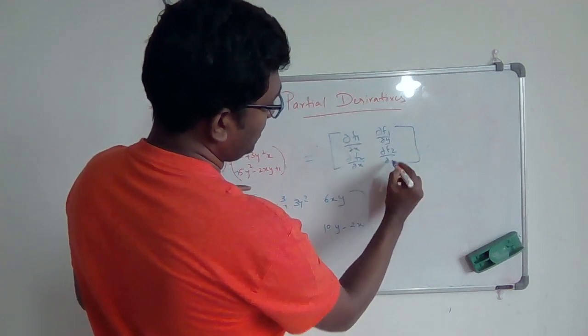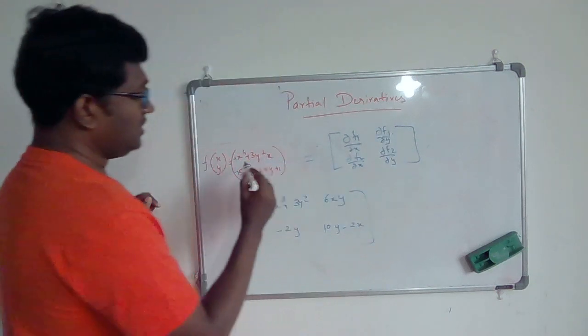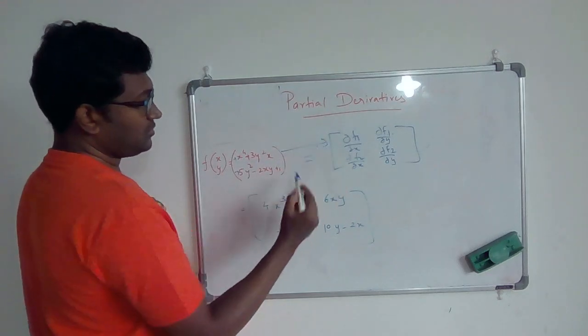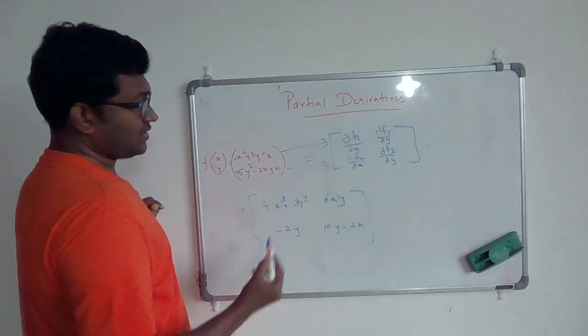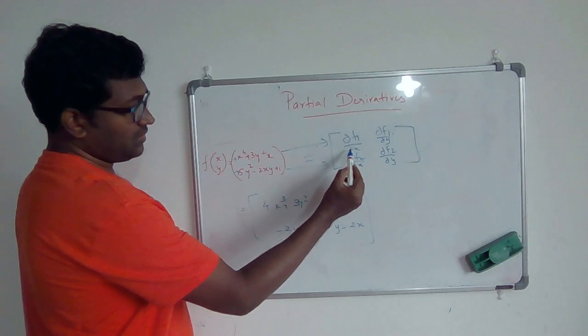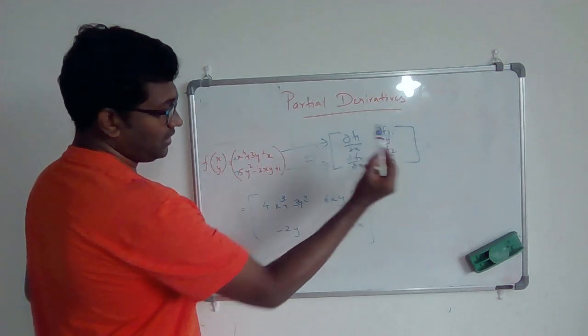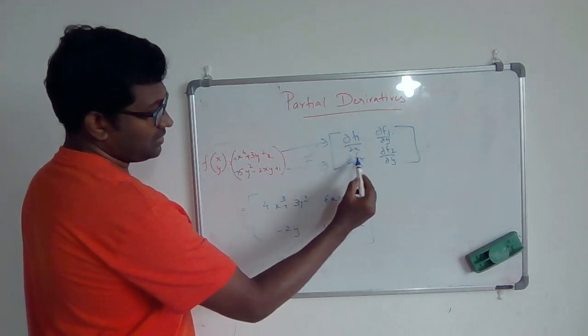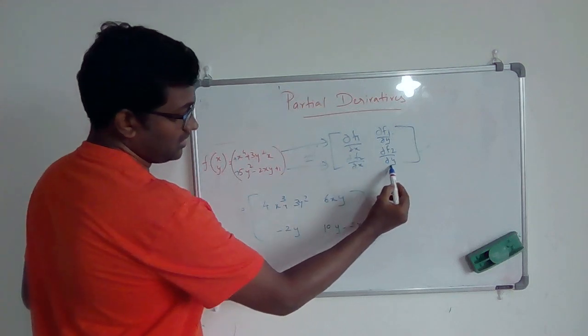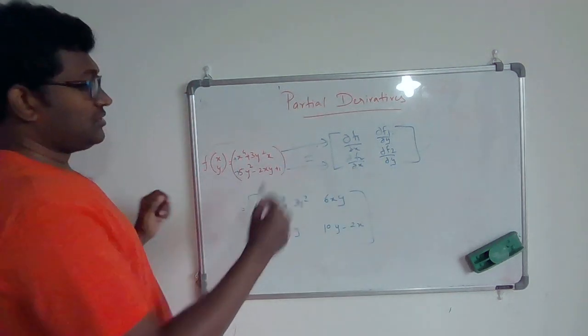Basically, the first row corresponds to the first function, the second row corresponds to the second function. The first function is differentiated with respect to x first, then y. The second function is differentiated with respect to x first and y next.